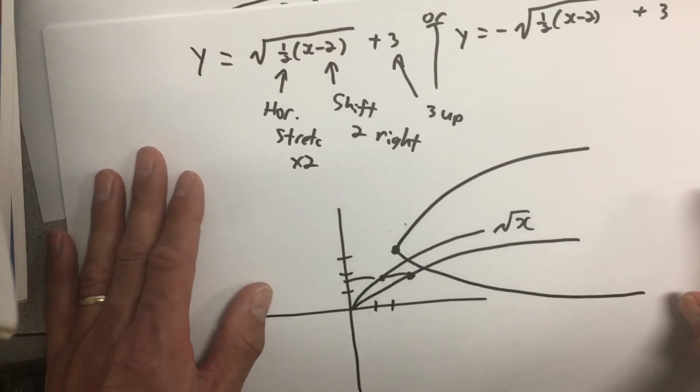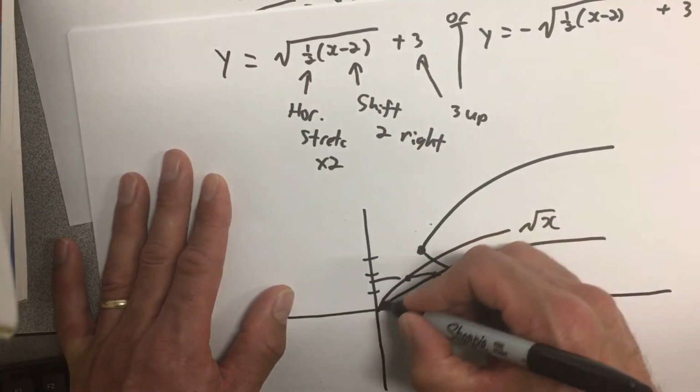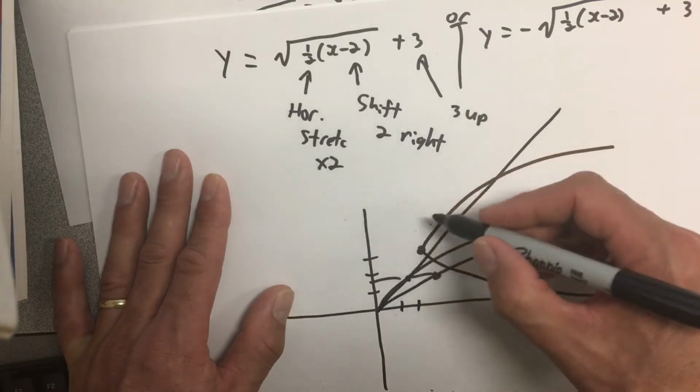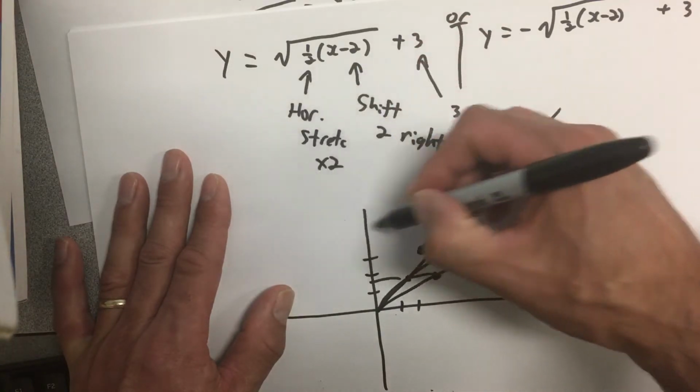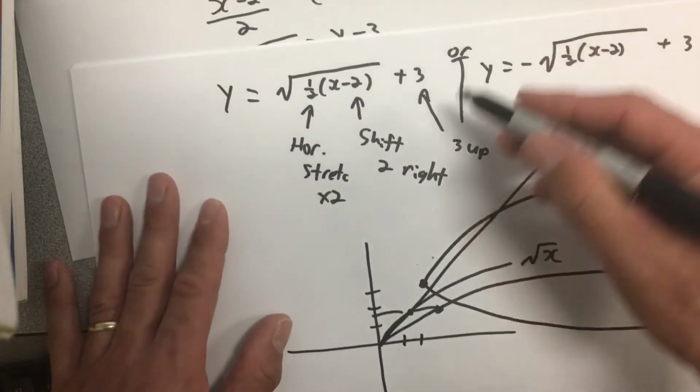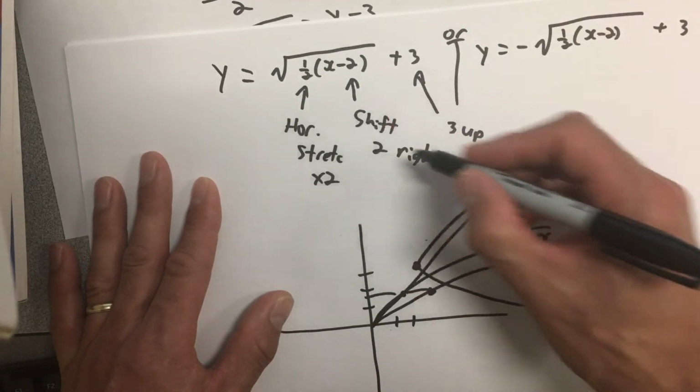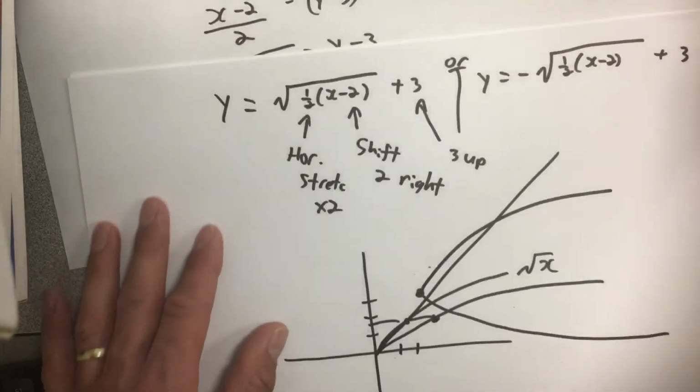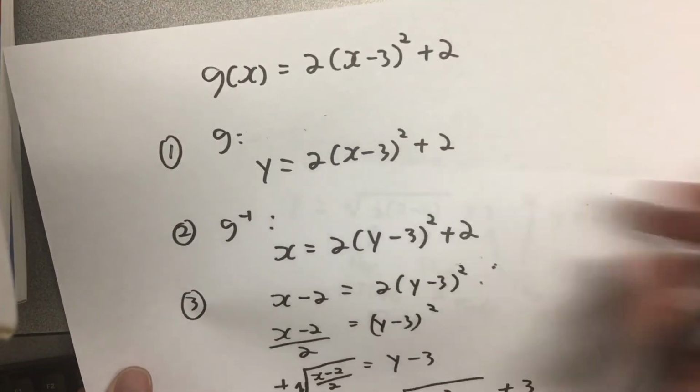And as you can see, this is the mirror image of the parabola that is indicated by 2 times (x minus 3) squared plus 2.